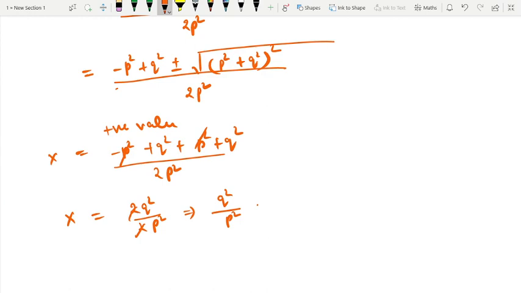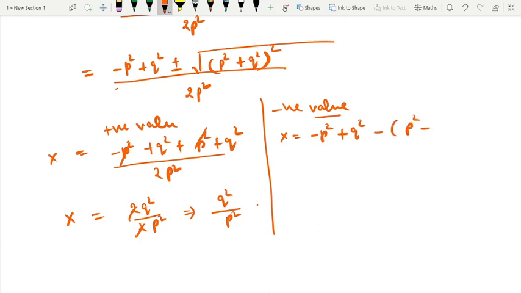Alright, now for the second case, take the minus value from here, so it will become x is equal to minus p square plus q square minus p square plus q square divided by 2p square.